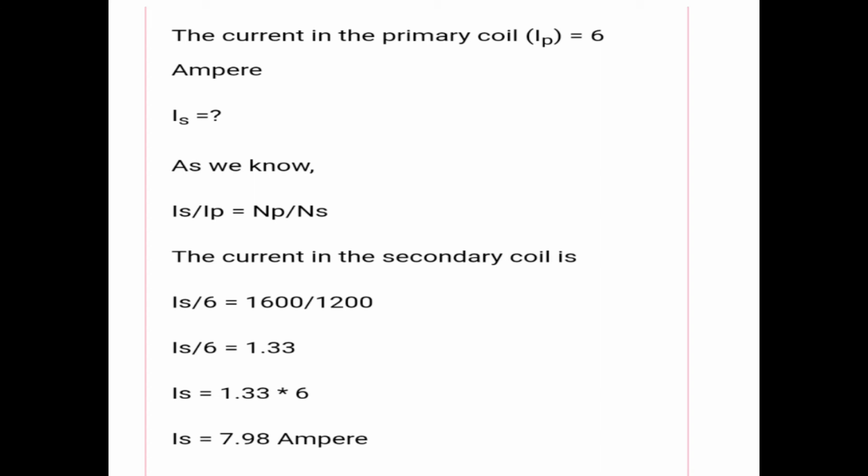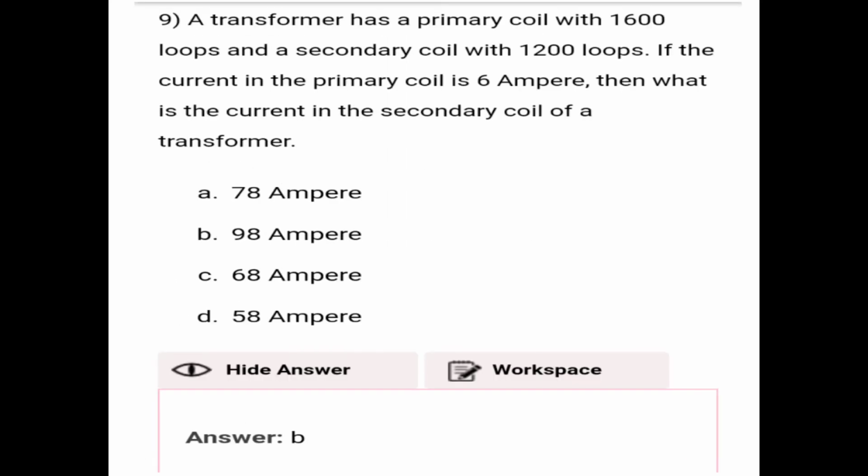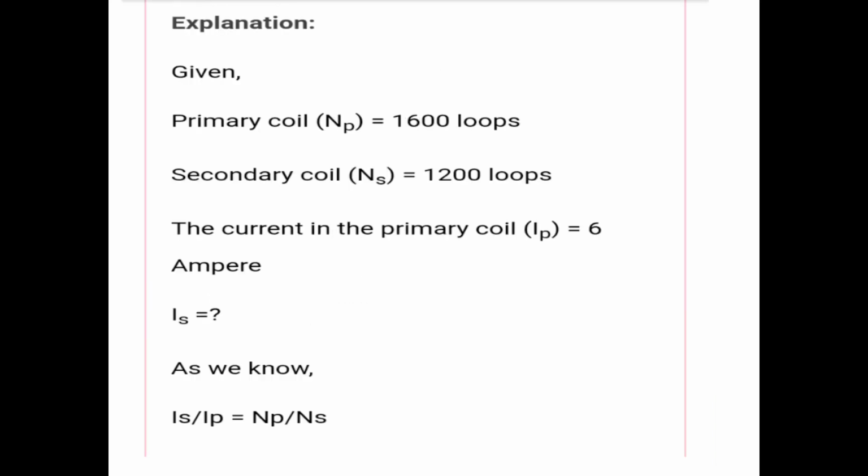With IP equal to 6, NP upon NS is 1600 upon 1200, which is 1.33. So IS is equal to 1.33 into 6, which is 7.98 amperes. So the correct answer is 7.98 amperes.